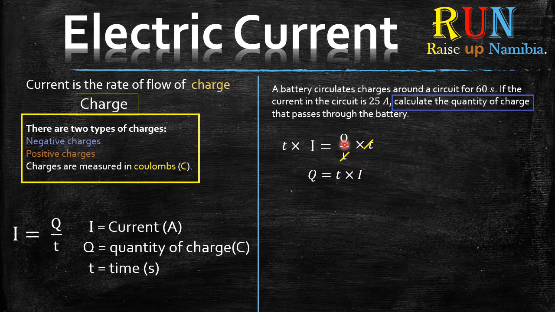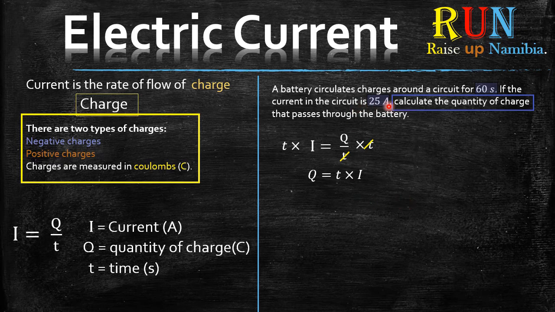Now that you have made Q, or quantity of charge, the subject of the formula, ask yourself, in your statement, do you have time and do you have current? If you reread, you notice that yes, you do have time, which is 60 seconds, and you do have current, which is 25 amperes.